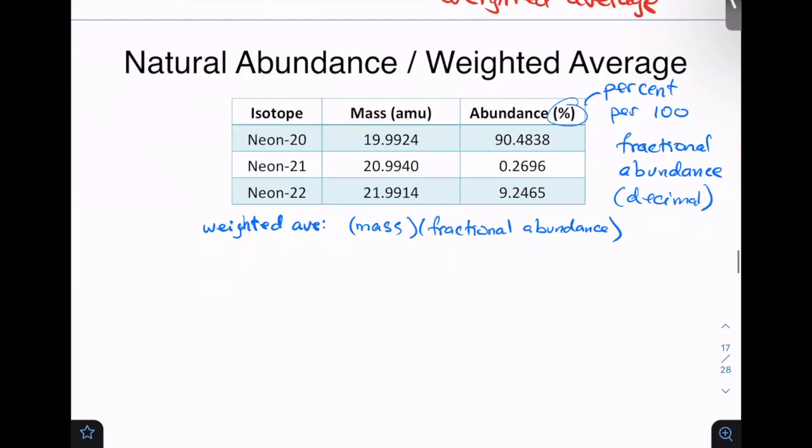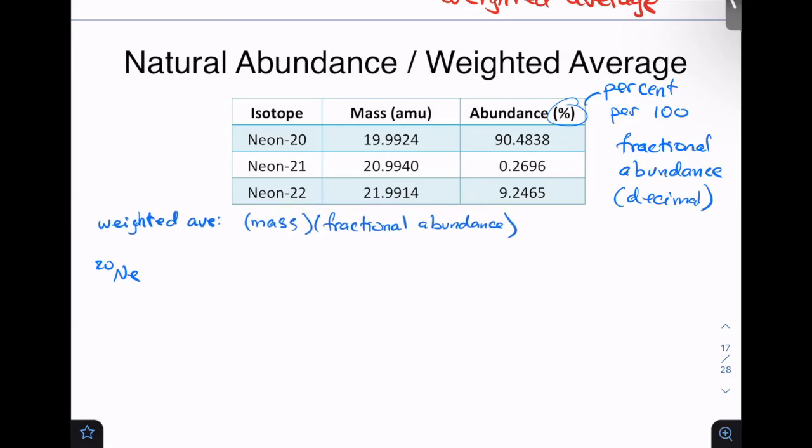Okay, so let me just show that to you so you have it thoroughly spelled out in front of you. For neon 20, I'm going to move this over a little bit just so everything lines up. Sorry, I know you just wrote that in your notes. So for neon 20, the mass now is going to be 19.9924 AMU, and the fractional abundance of that is 0.904838.